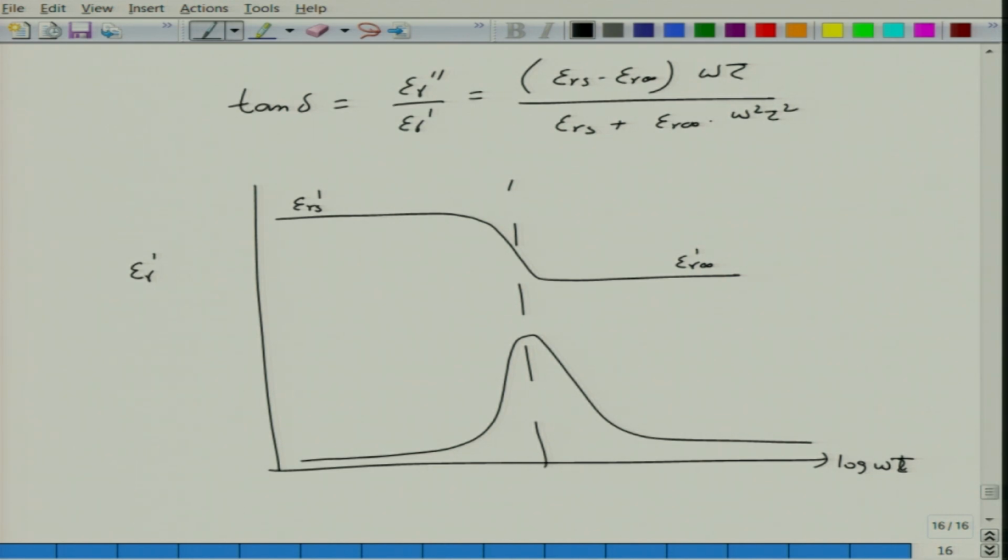The tan delta maximum is shifted to slightly higher frequencies. So, for tan delta you can plot the maximum like this, and this occurs at omega equal to epsilon rs prime divided by epsilon r infinity prime to the power half, divided by tau. You can find that out easily, the maximum at which point.